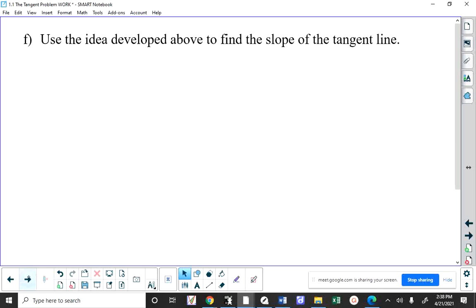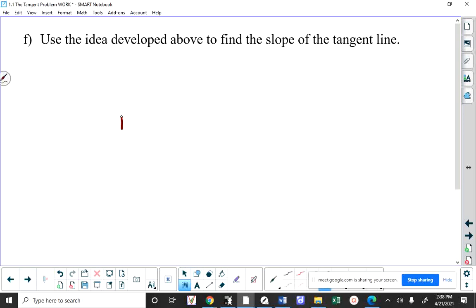I already wrote that out. Use this idea developed to find the slope of the tangent line. Well, we suspect it's 1.5, don't we? And I will tell you it is 1.5. And if you go back and take a look at your estimates, 1.33, 1.48, 1.45, whatever, I can't remember, they were all close to 1.5.